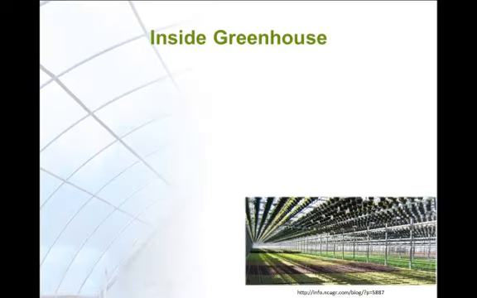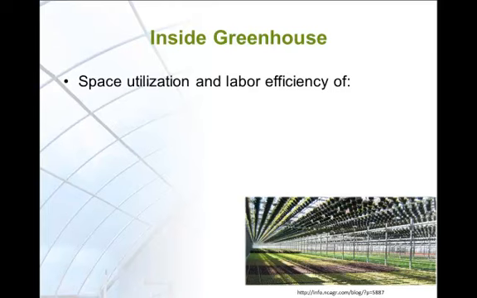After choosing the right location for a new greenhouse, we need to look at space layout inside the greenhouse itself. There are 2 things to keep in mind. We want to maximize space utilization since greenhouse space is costly, and we want to optimize labor efficiency.